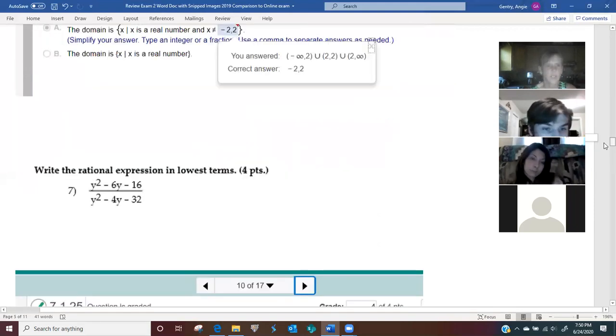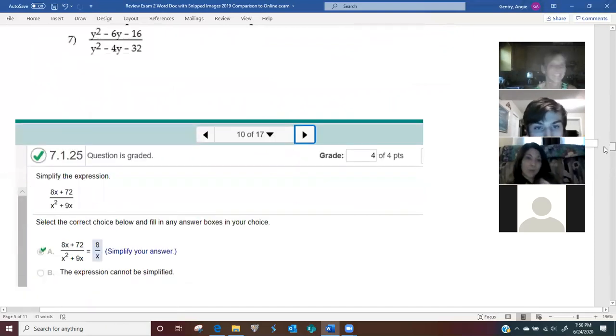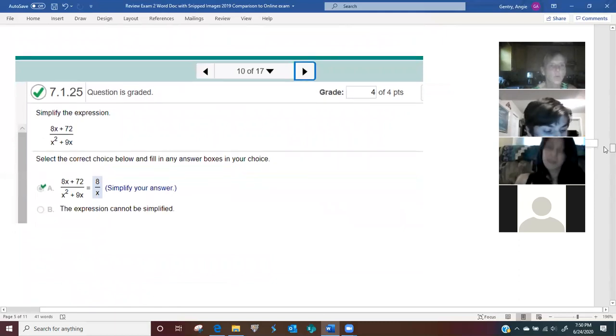And then I was telling Chase, when you have a numerator and denominator, all you do is factor, factor, cancel, cancel. People struggle with this. People try to factor this one like a trinomial.